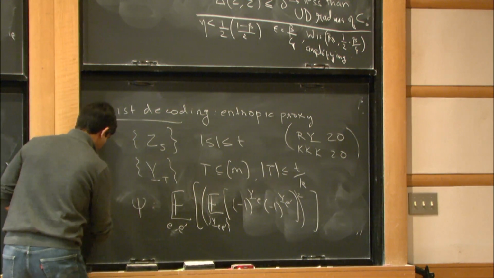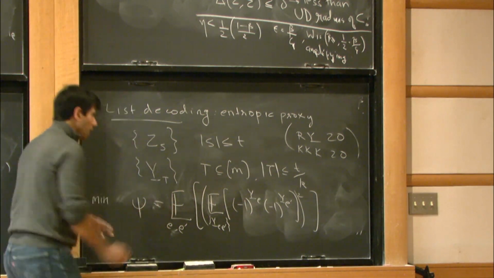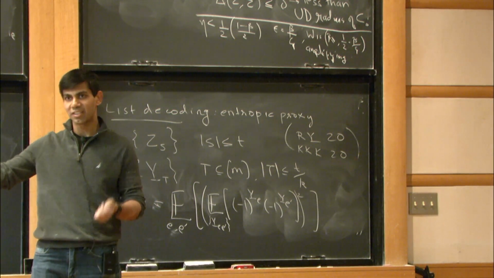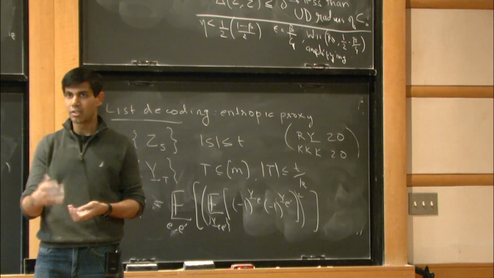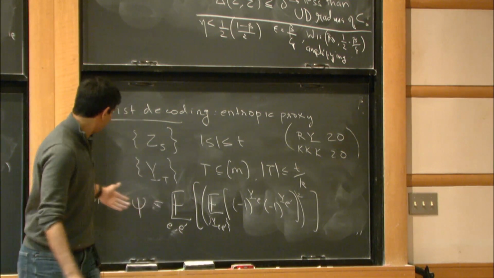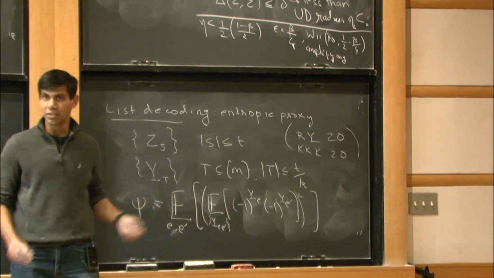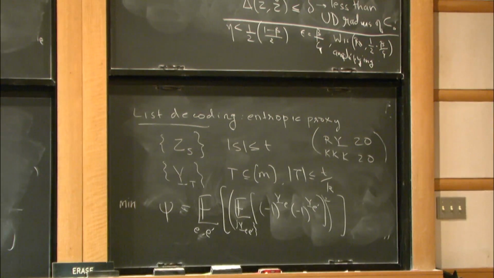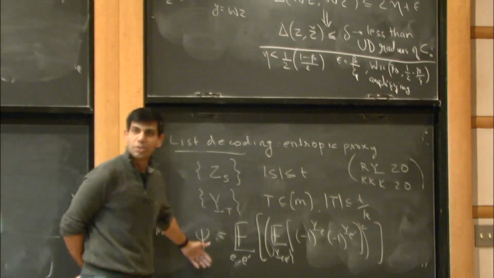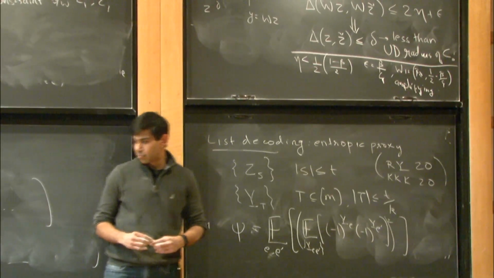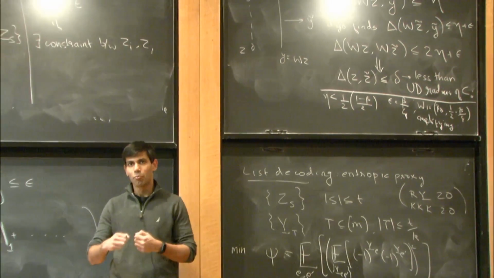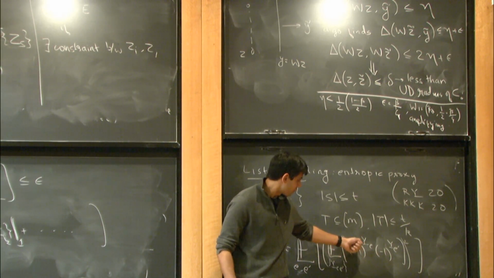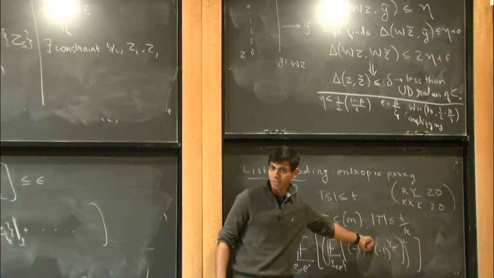So you minimize psi. And the SDP, instead of a maximization problem, you write it as a constraint that the SDP value is at least something, which is the radius at which you are decoding. And you add a minimization condition on psi. And then you can show that the SDP solution which minimizes or is close to minimizing this has in some way at least some overlap with each of the possible code words in the list for this Y space.